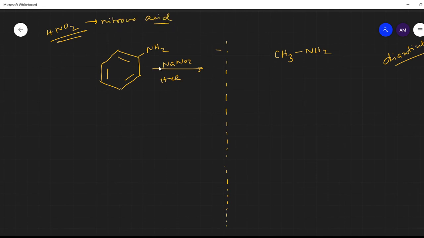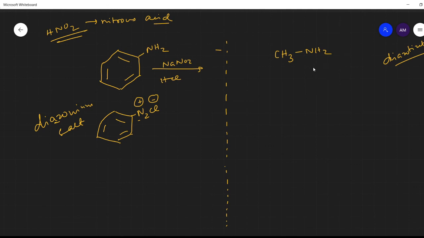So aniline, in the presence of NaNO2 and HCl or nitrous acid HNO2, will get converted into C6H5N2+Cl-. This is called a diazonium salt. Why diazonium? Two nitrogens; nitrogen is called azo, so diazo and diazonium salt.